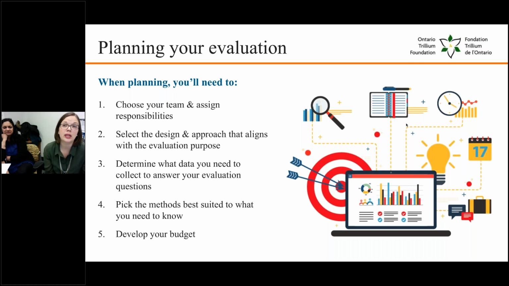Or, for example, is it someone that might have developmental delays? Then maybe using staff or volunteers to collect observational data might be more appropriate. Then you want to pick the best methods depending on what it is you need to know, and move forward with those methods. And then finally, develop your budget.